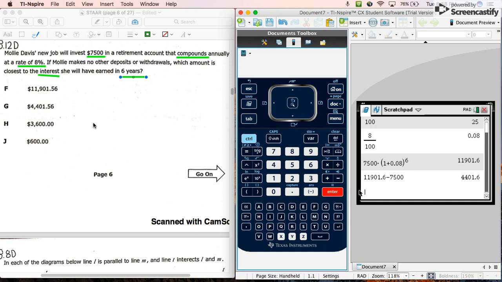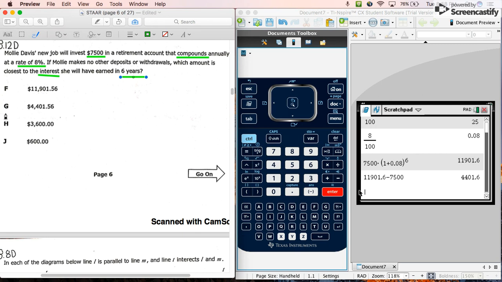Now, I don't see 4,401.6. Obviously, the number is rounded. I do see something very, very close to it, which is 4,401.56. This is my answer, and I know it's my answer because of the key word closest. It's pretty spot on, kids. It's a simple rounding, okay? So my answer is G.